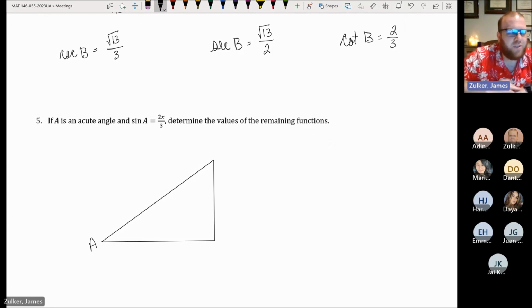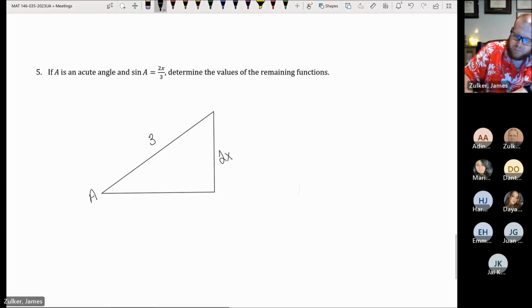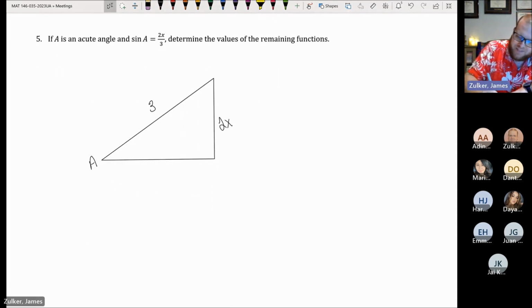Sine of A is 2x over 3. That makes the opposite, so that length would be 2x, right? Hypotenuse is 3. This missing side, wouldn't it be length squared of 4x squared? No, I'm really messing up. 9 minus 4x squared.